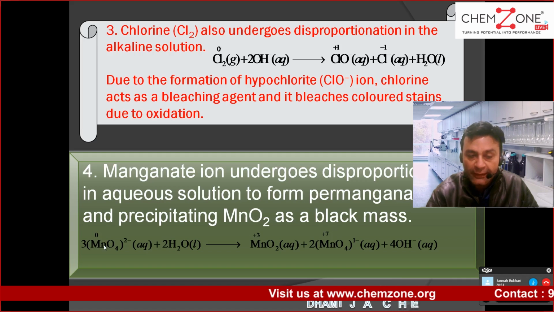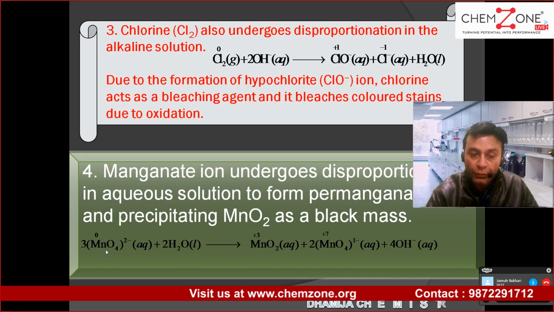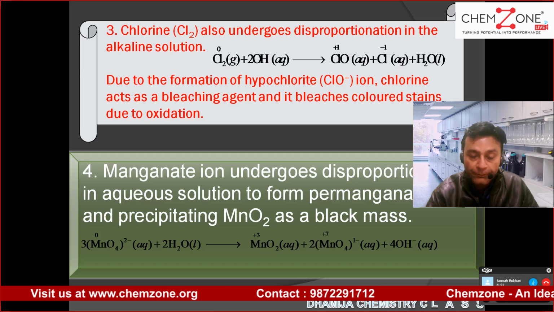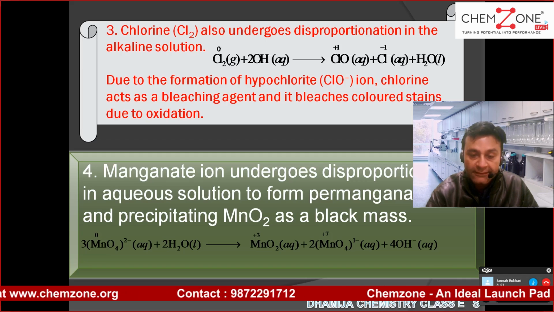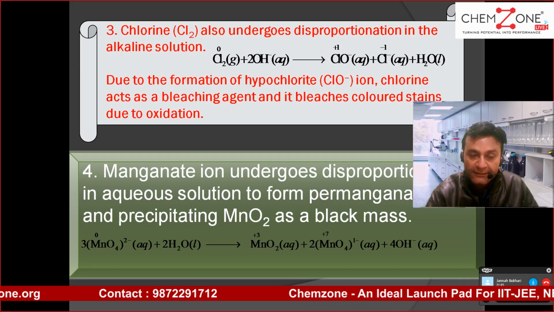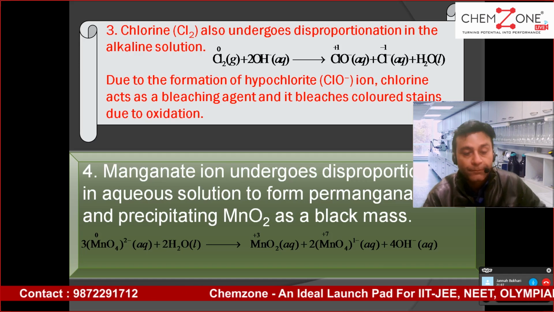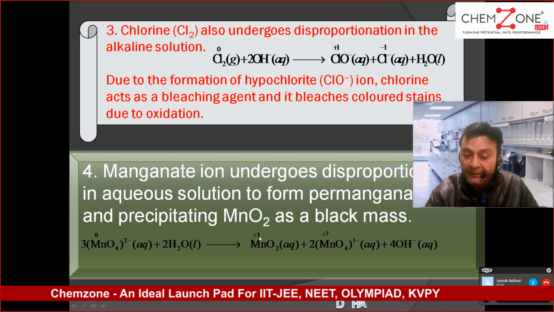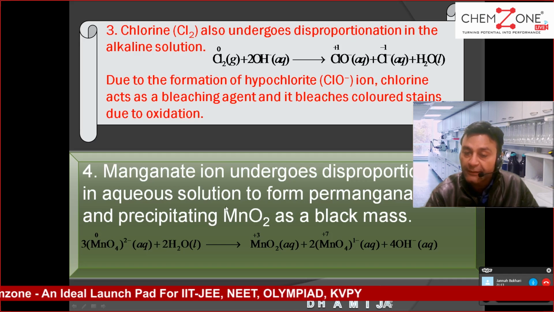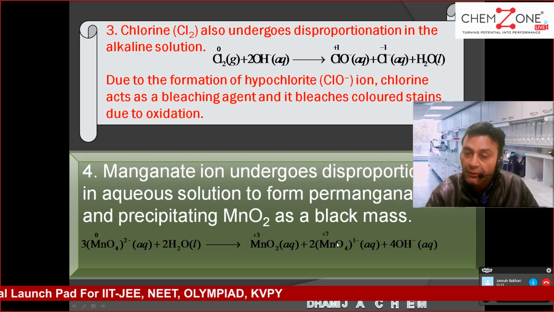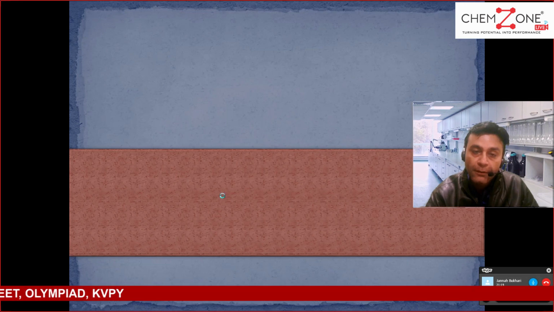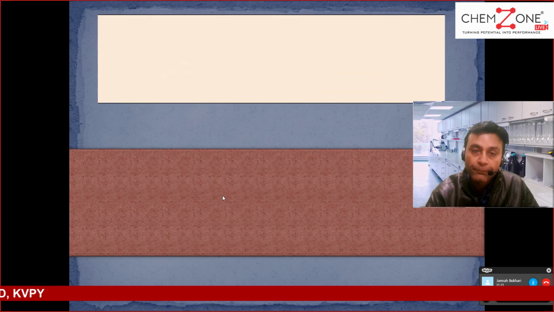Is it 0 here? Calculate here. Check MnO4 2-. Calculate for manganese here. I think it is +6. Yeah. +6 on the reactant side, +6 to +3 is reduction, and +6 to +7 is oxidation. Am I clear? Okay.